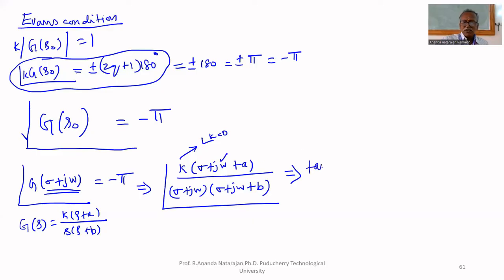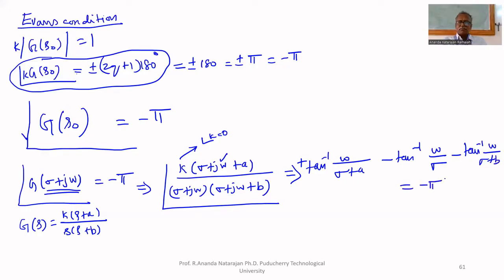So, tan inverse of omega divided by sigma plus A, minus tan inverse of omega divided by sigma, minus tan inverse of omega divided by sigma plus B, is equal to minus pi, because we are assuming that it is 180.